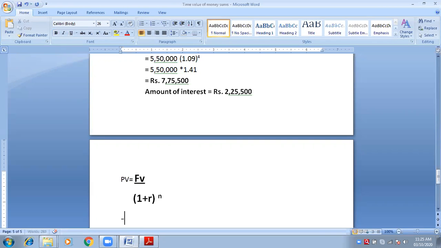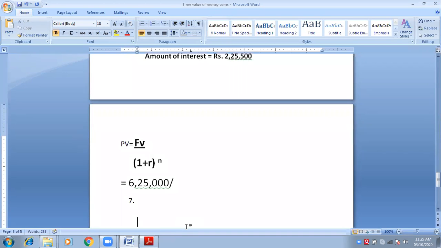Now tell me the future value. Is it given in the question? 6,25,000. Very good. Divided by. I'll put the slash sign. It means divided by. So tell me, bracket 1 plus.